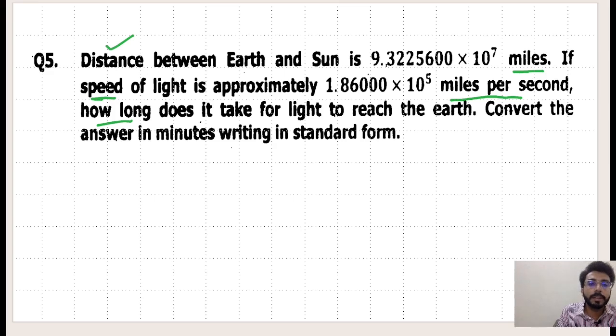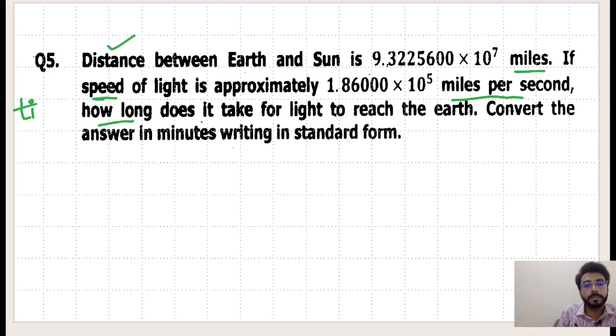We have to find the time here. Convert the answer in minutes, also write in standard form. We have to write the answer finally in standard form. But we require the answer in minutes.